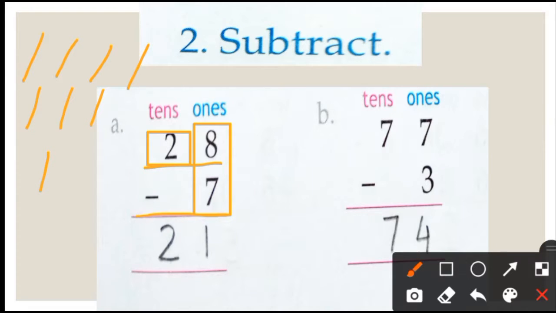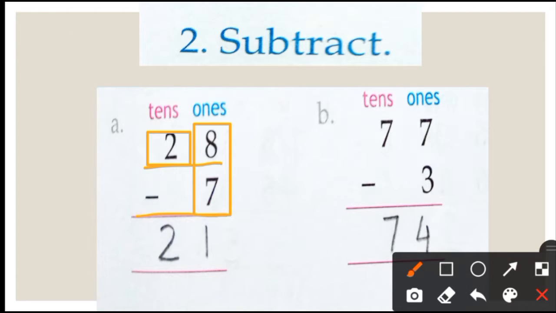Now we will cut 7 lines. Yes, 1, 2, 3, 4, 5, 6 and 7. And 1 line is remaining.